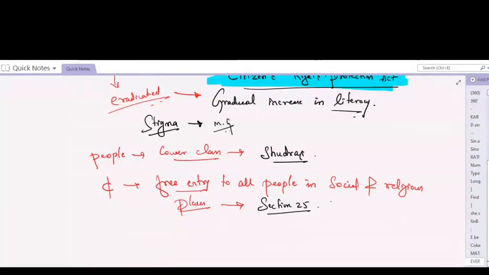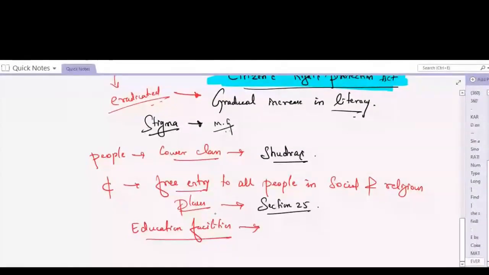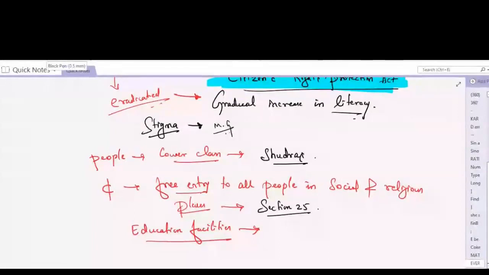Is this clear? Understood? Yes, sir. Next, which section guarantees educational facilities? Which section guarantees the educational facilities? Section 21, sir? That is 21.